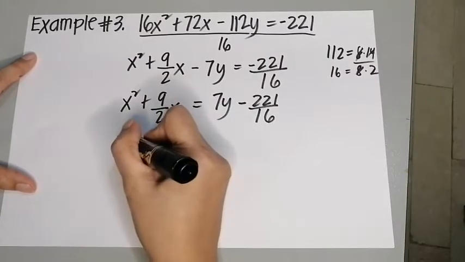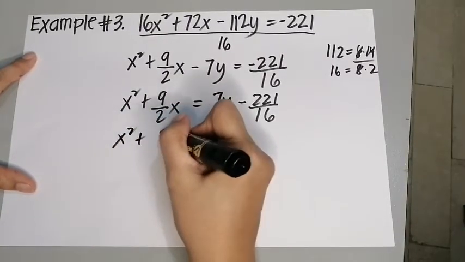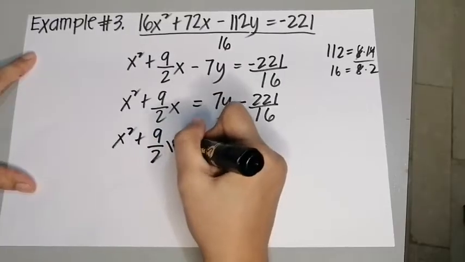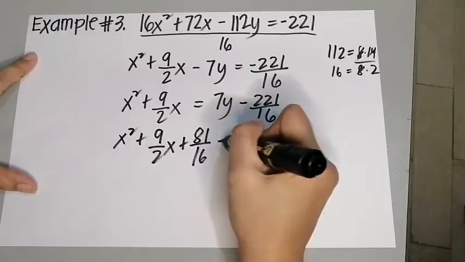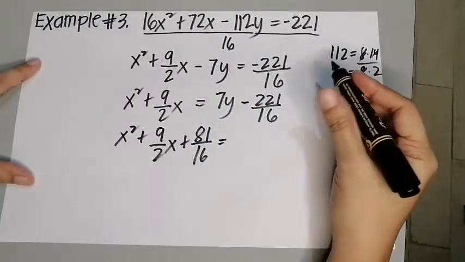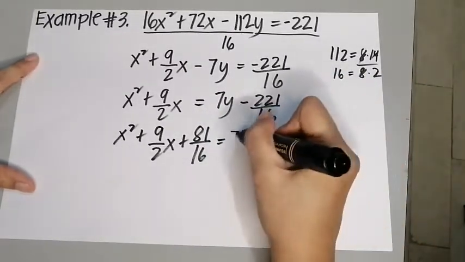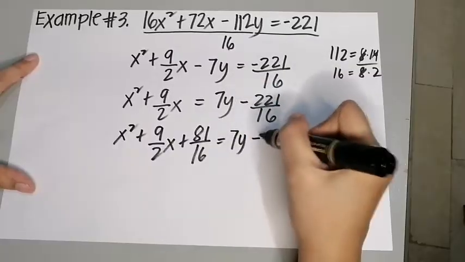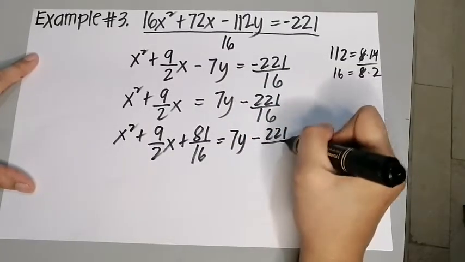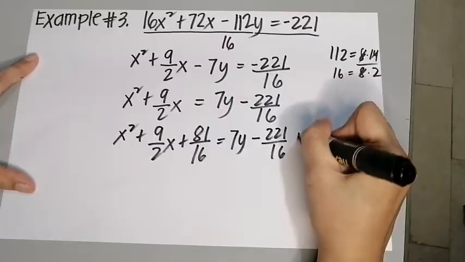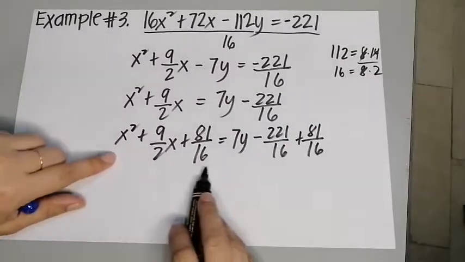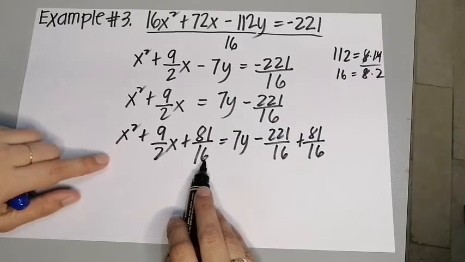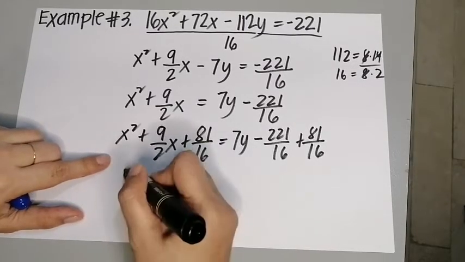So we will add 81 over 16 on this side. Then copy 7y minus 221 over 16; we also have to add 81 over 16. Then write the factor. What's the factor?